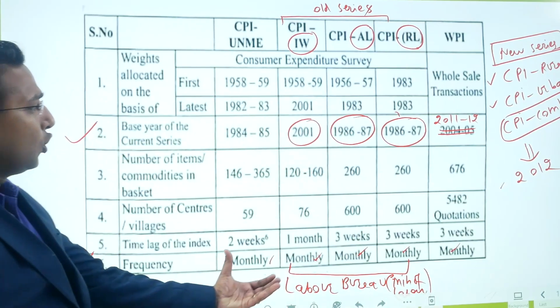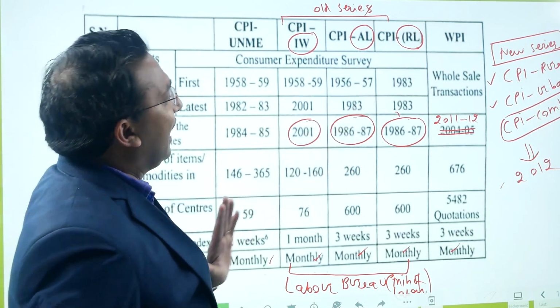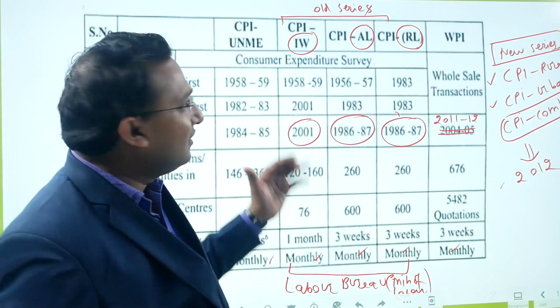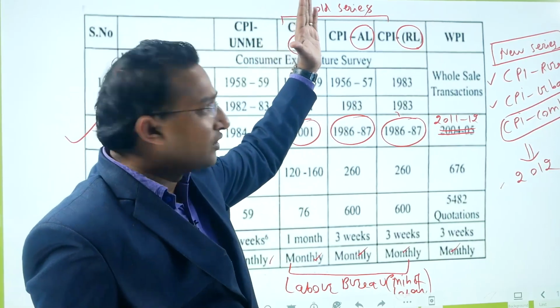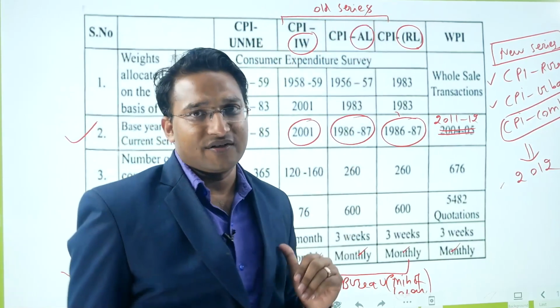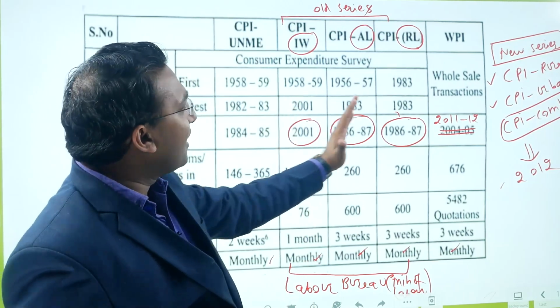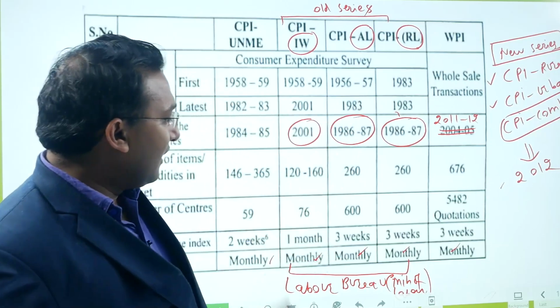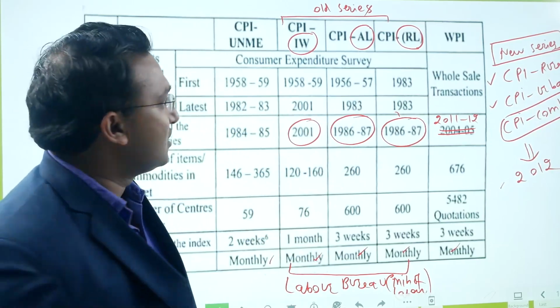So you can identify that this is for the workers, this is for the laborers, this is also for the laborers. All of them are under the Ministry of Labor, and the Labor Bureau is the responsible agency.